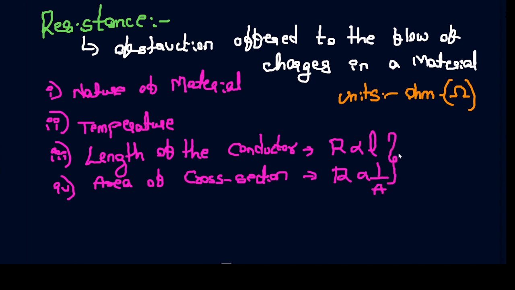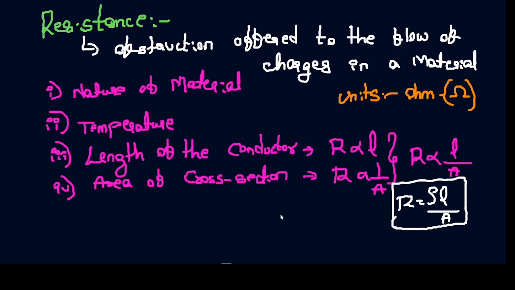So from these two, I can write R is directly proportional to length and inversely proportional to area, right? If I remove the proportionality constant, I'll get R equals rho L by A. And this proportionality constant rho is nothing but resistivity. It has the unit ohm meter.